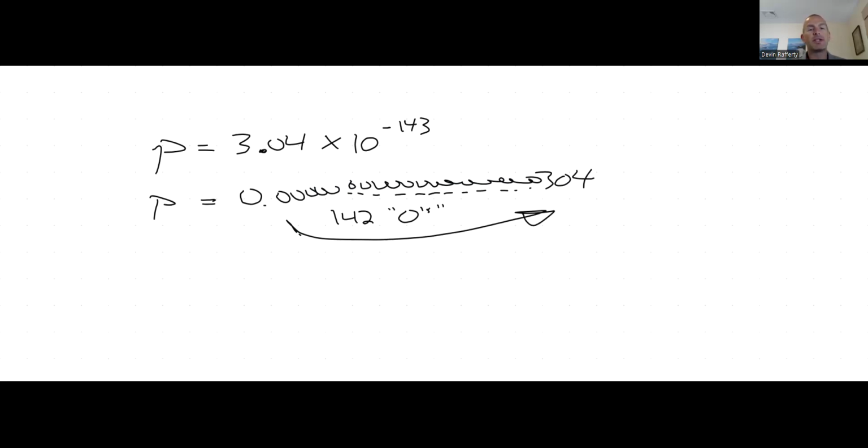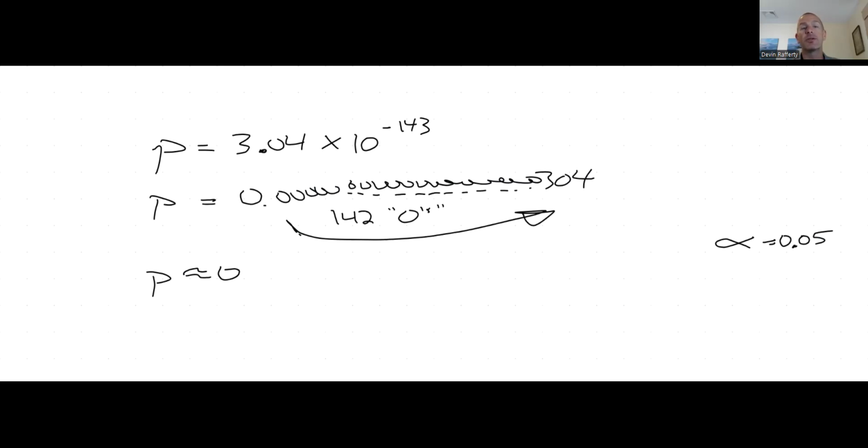Since the p-value is very, very small, P is basically zero. Alpha was 0.05. So P is basically zero, it just keeps going, 304.